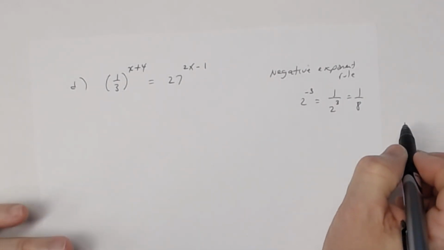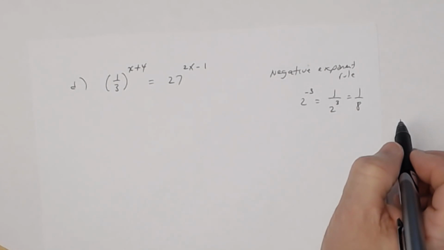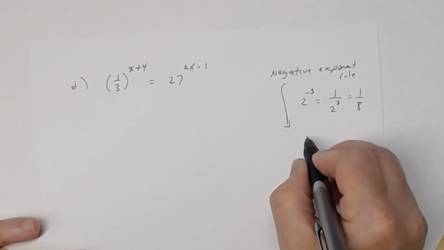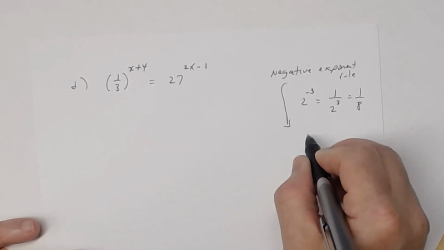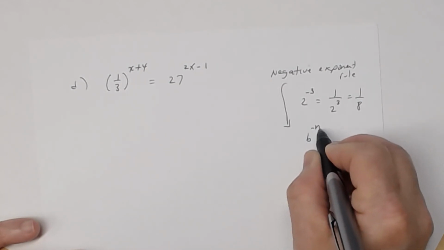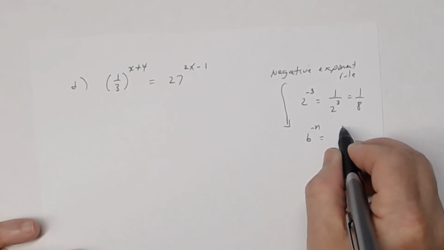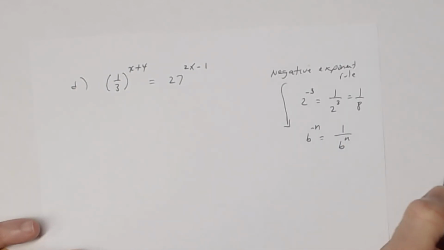All right, and so if you remember that negative exponent rule, it basically said this: b to the negative n power, where you had the negative exponent, is equivalent to saying 1 over b to the n power.